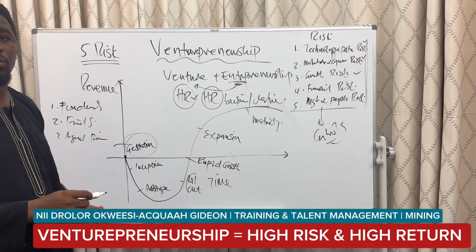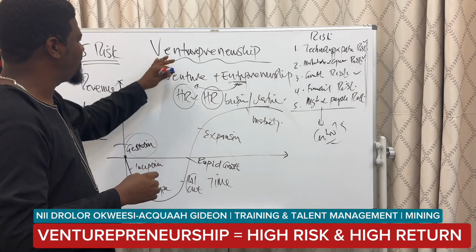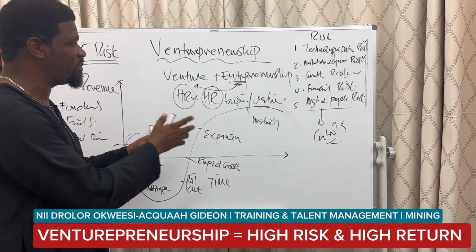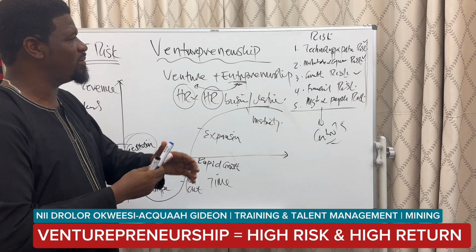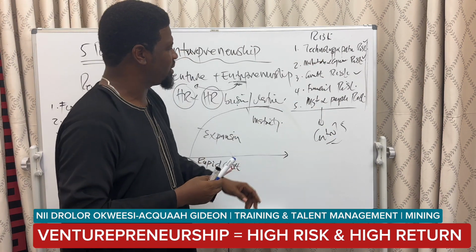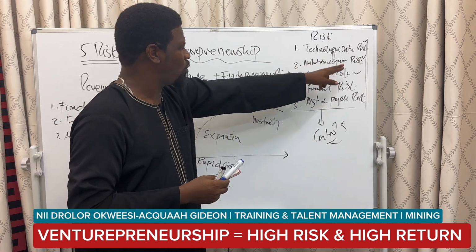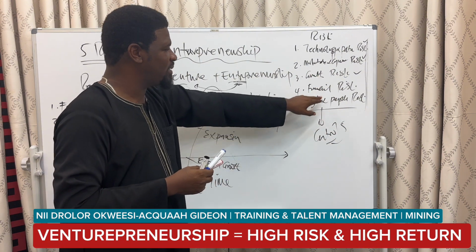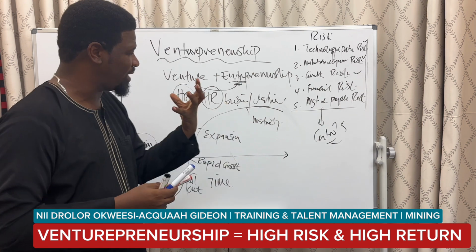This is just to give you a brief on venturepreneurship. In subsequent videos, I would go deeper and explain what I mean by technology and production risk, marketability and competing risk, growth risk, financial risk, and management and people risk. It is critical you understand this.